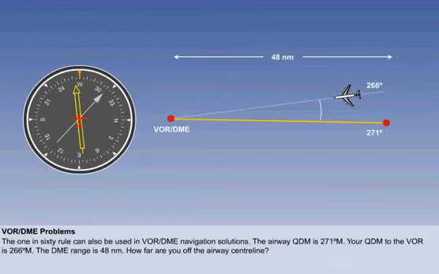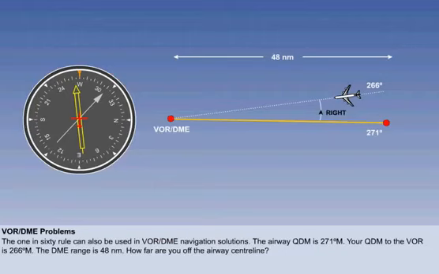How far are you off the centerline, and to which side? The airway centerline is 271. Your bearing to the VOR is 266. This means that you need to take up a track to the left. Therefore, you are to the right of the centre line.